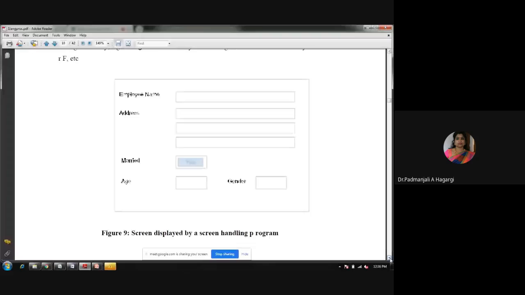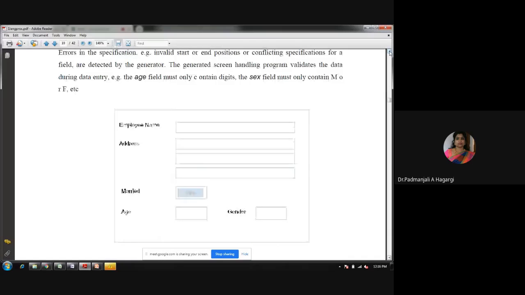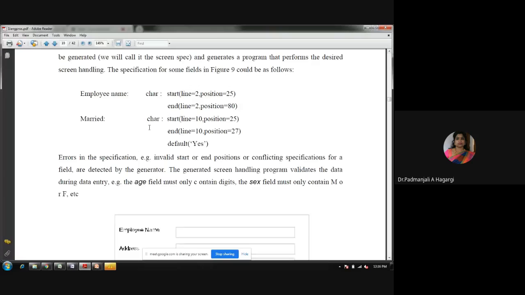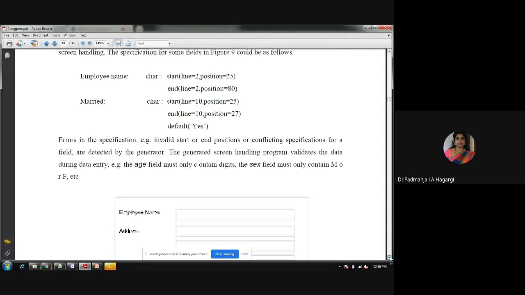So once I submit this form, before this, how should the specification be, or how do you write the code? Something like employee name, which is the label to be displayed on the screen, and marital status is also a label to be displayed. These are the specifications for the employee name: at the start line 2, position 25, ending at line 2 with position 80.